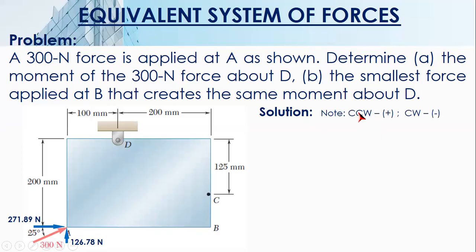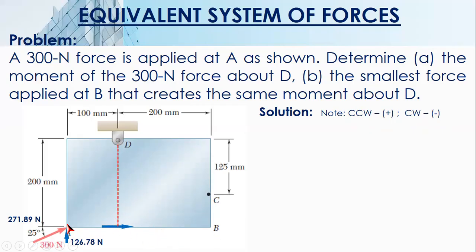Okay. Mao ni atong sign convention: counterclockwise, positive, clockwise, negative. Okay. So, pwede na siya by principle of transmissibility. Kini siya is equivalent to this one. Nadentay D diha. O di dali ra, di ba?